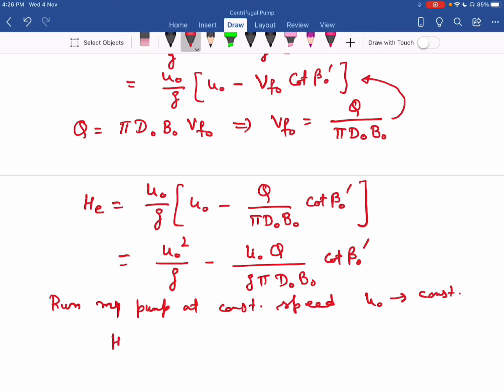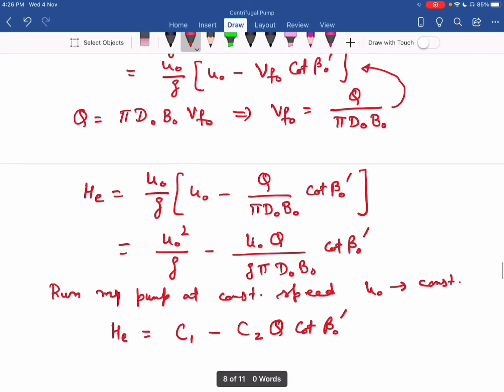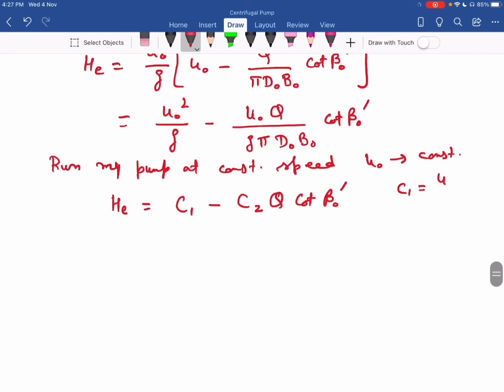So therefore again I can write HE as a constant C1 minus a constant C2 Q cot of beta O dash, where C1 is UO square divided by G and C2 is UO divided by G pi DO BO.